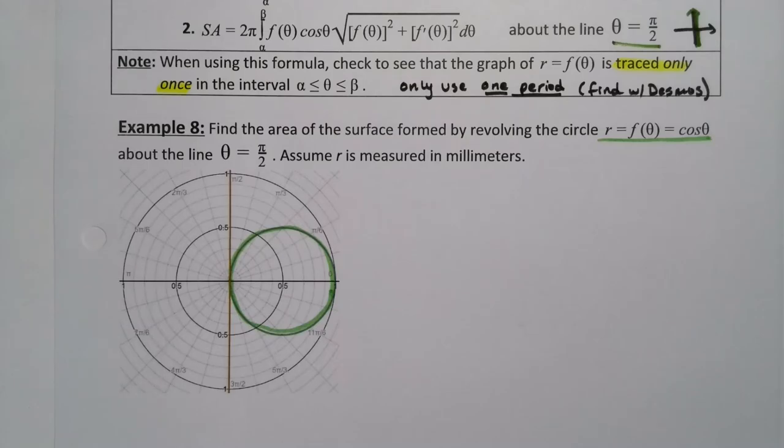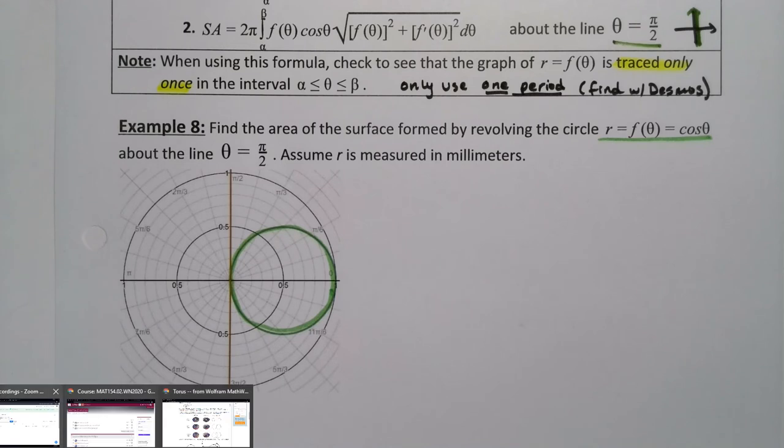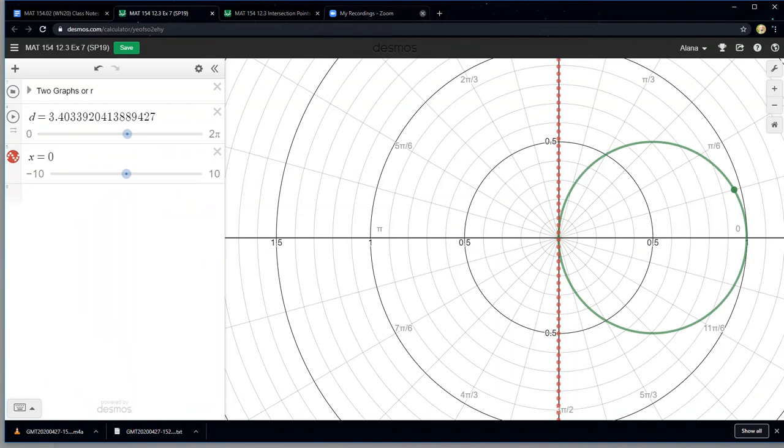Okay, so now we've imagined it. We need to know what the period of this graph is, because if we don't know the period, then we won't be able to do this. So let me go to my graph. All right, so I need to figure out what a period is for this graph. If I start at 0, I'm over there on the far right.